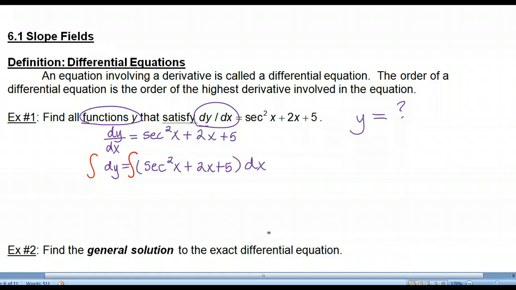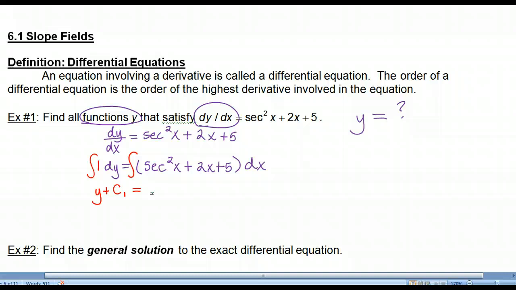Okay, so on the left side, think of that as just being a 1 dy, so you get y. I'm going to put a plus c1 because we're actually going to end up with a c on both sides of the equation. Notice that I don't have any bounds here, so I have a y plus c here.